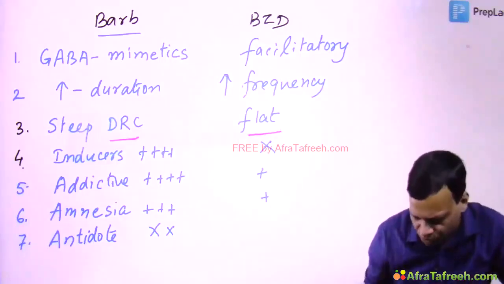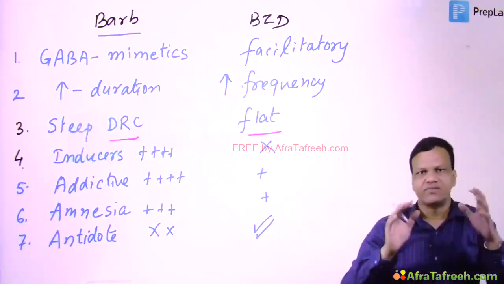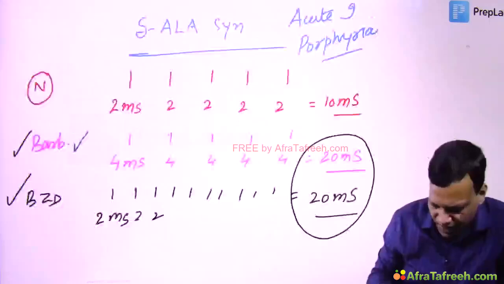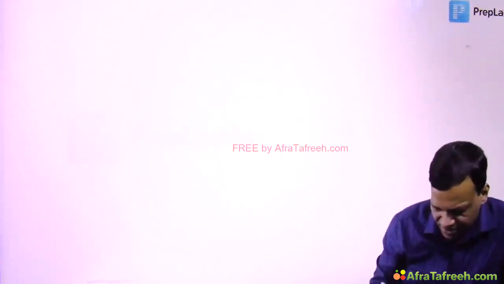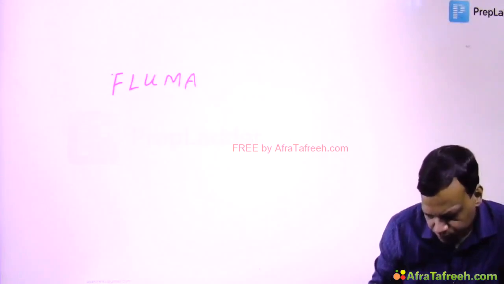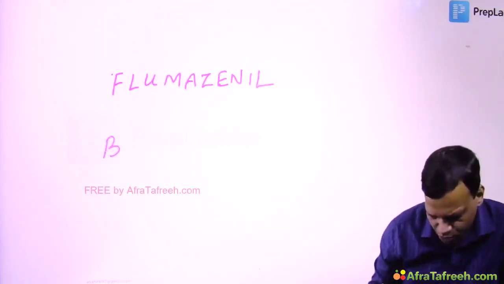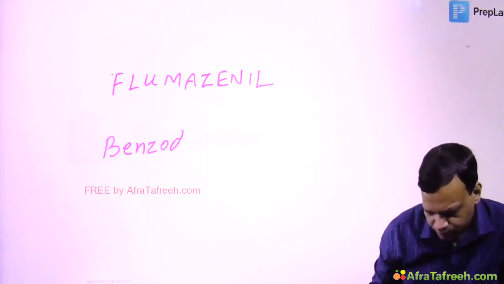On the other hand, benzodiazepines have a specific antidote, so managing the poisoning is relatively easier, and the specific antidote for benzodiazepines is flumazenil. Flumazenil is the benzodiazepine antidote.